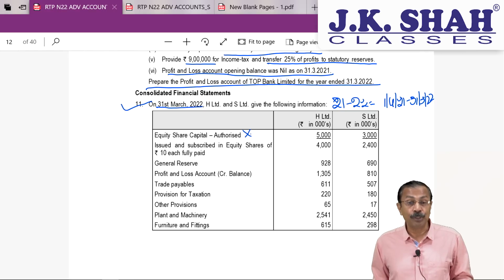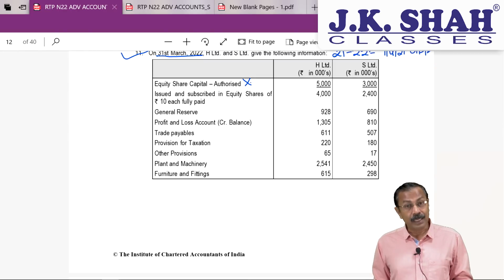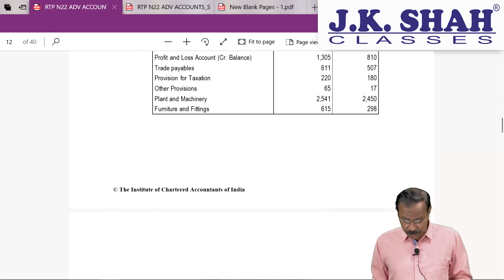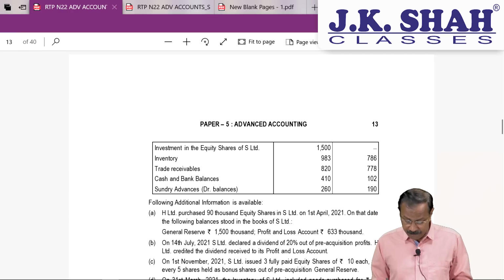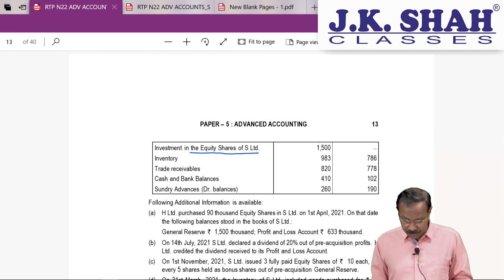Important is issued capital, 4,000 and 2,400, rupees in thousands. I'm ignoring that. General Reserve, P&L credit balance, trade payables, that's nothing but your creditors, and provision for taxation and other provisions. Plant and machinery, furniture and fittings, investments in equity shares of S Limited. Inventory, trade receivables, cash and bank balances, and sundry advances, debit balance.